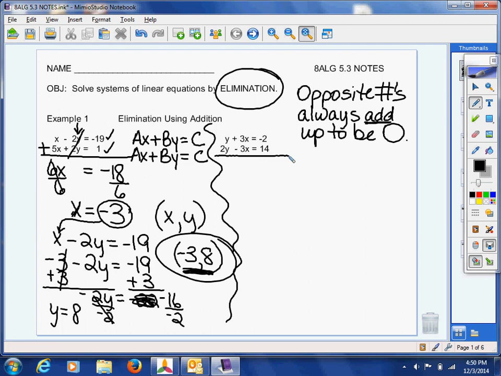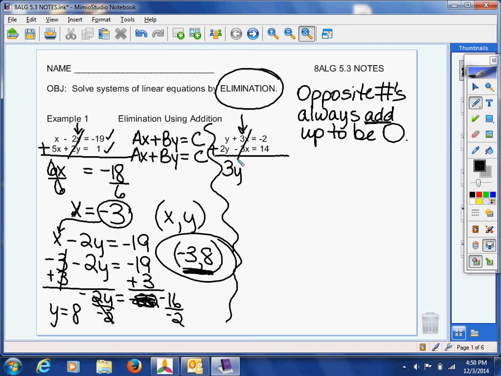Now, what we're doing is we're looking to see if we have opposite numbers. Hey, looky there. I have opposite numbers in front of x. I have a positive 3 and I have a negative 3. The only way to cancel out opposite numbers is to add the two equations together. So what's y plus 2y? You're right, that's 3y.